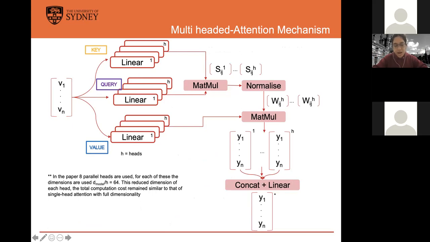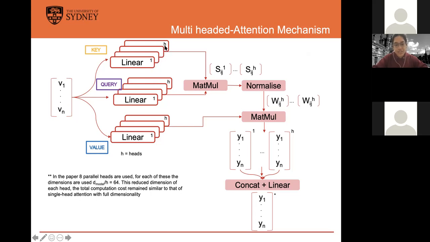So how will it help? It will help the model to see different perspectives, to understand different perspectives of a particular word. So if you see, we have these H heads. That's what it's called, multi-heads.